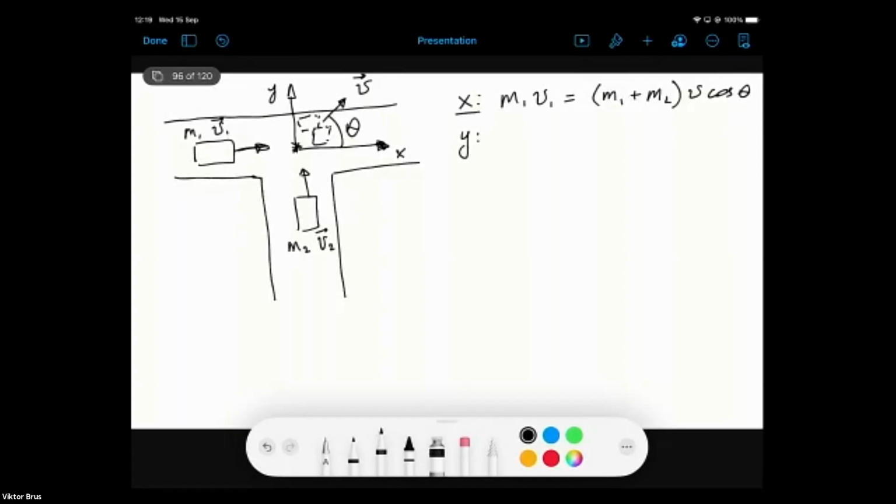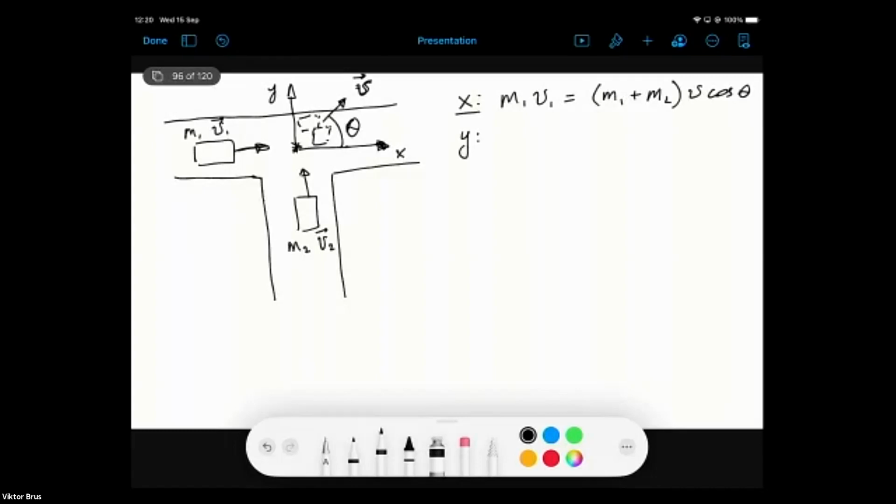Here is our velocity vector v, and we need to consider its x component. Here is some angle theta, so we just replace it with the projection on axis x. Now we will do this as projection on axis y, and that will give us a set of two equations.